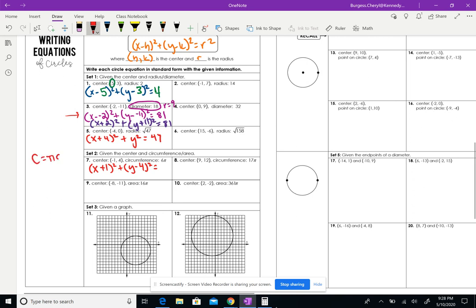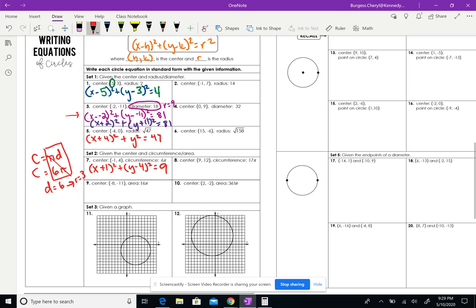Circumference is pi times diameter. Circumference is 6 pi. So from this formula, we get to say that the diameter is 6. So our radius is 3, right? And 3 squared is 9. Hopefully I didn't do that too fast.